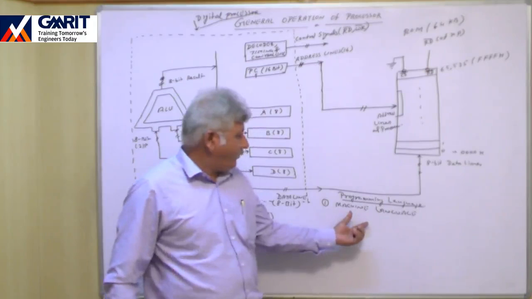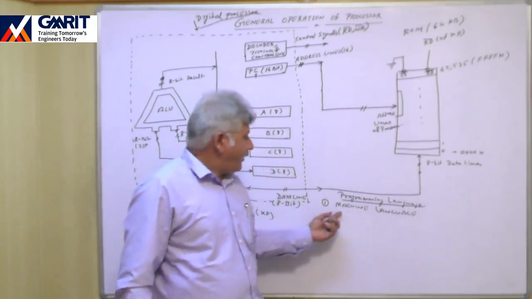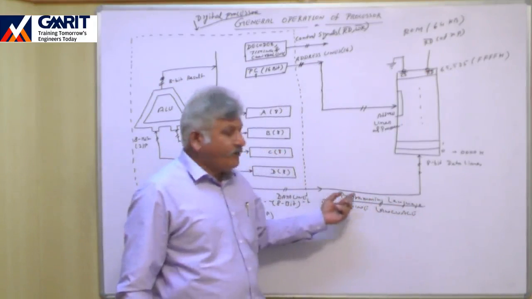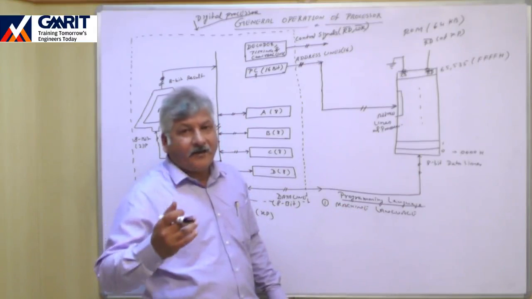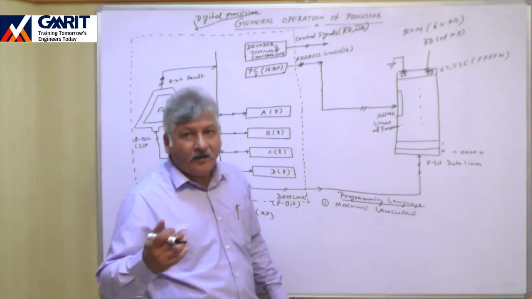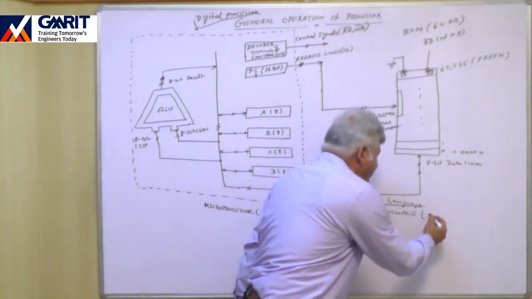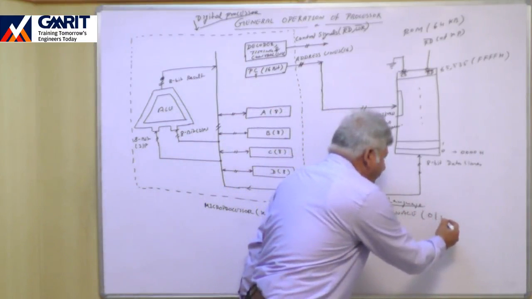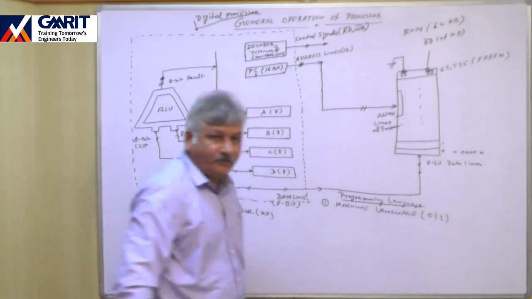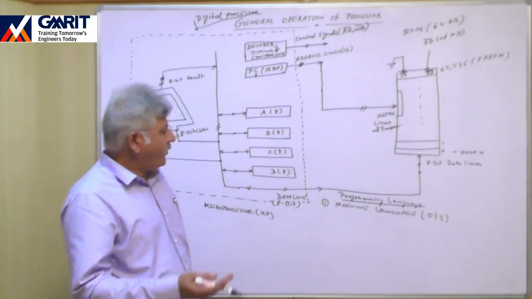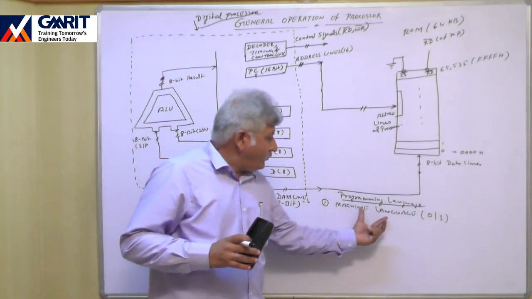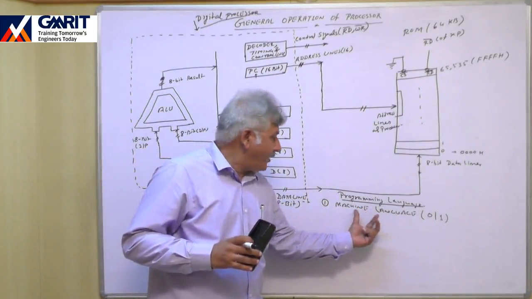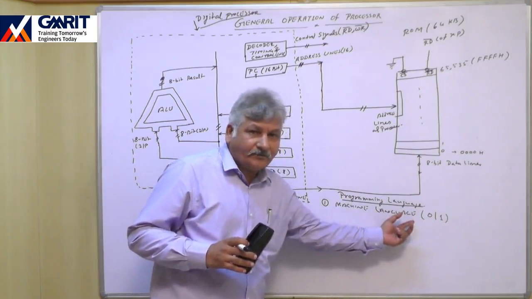Machine language is a language written in the form of binary values like 0 and 1. So here we write with the help of binary 0 and binary 1. In early days, people used to write programs using machine language.